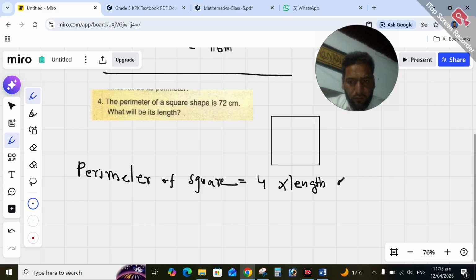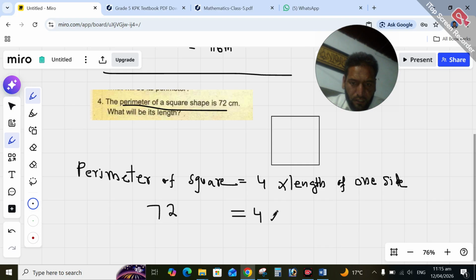Here given in the question, the perimeter of the square shape is 72 centimeters. So 72 centimeter is 4 times the length of one side.